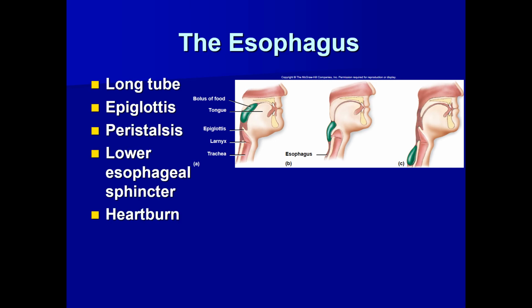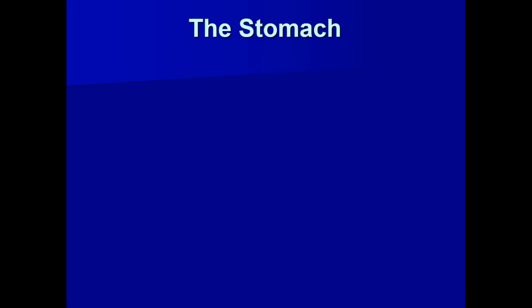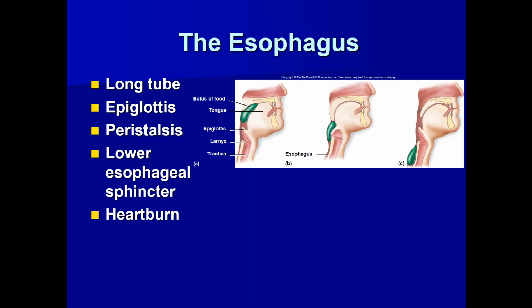Peristaltic waves, sorry, I went through just a touch too fast right there. Peristaltic waves are just muscle contractions of smooth muscle to push the food bolus along. So the esophagus is really just a long tube.